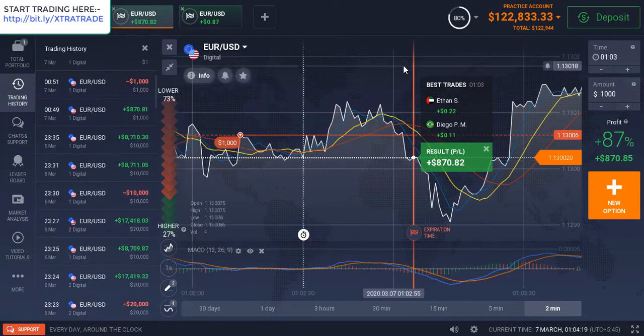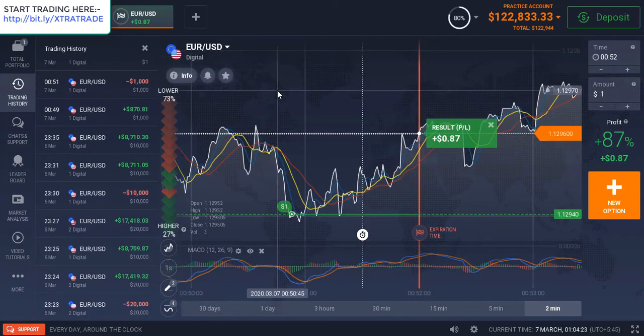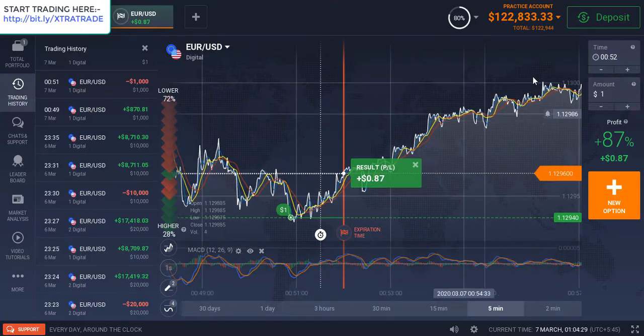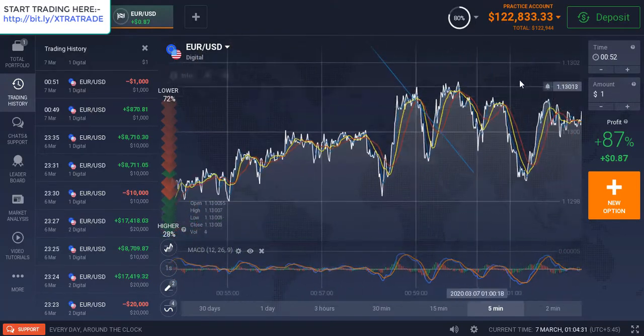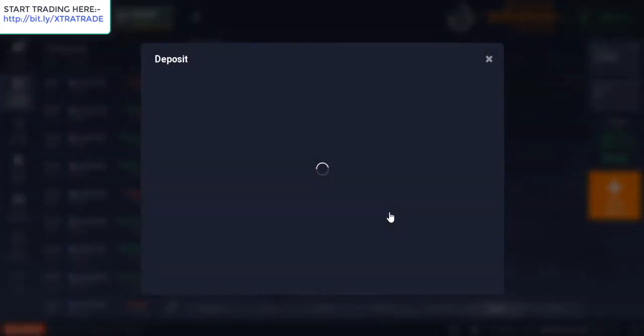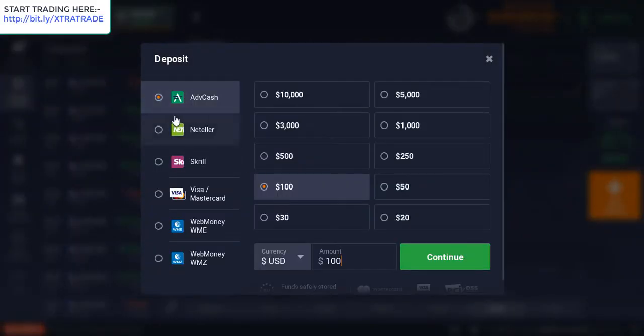And remember, this practice account and the real account are almost the same. Okay, so if you are doing well in the practice account, you'll do well after you make a real deposit. In order to deposit, you just have to click this button, and there are lots of ways to deposit the amount.